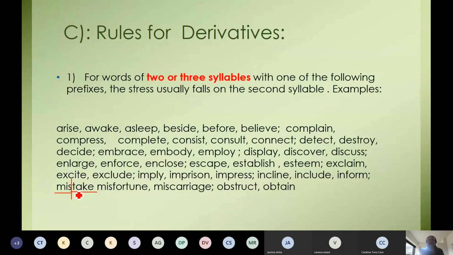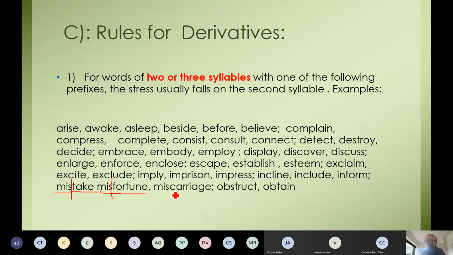We add the prefix, and the root, the verb in this case, keeps the stress. Take, mistake. The same with the following, fortune. The root of this word is fortune. And we add the prefix mis-, but still the word is pronounced misfortune. The same syllable keeps the same level of stress.